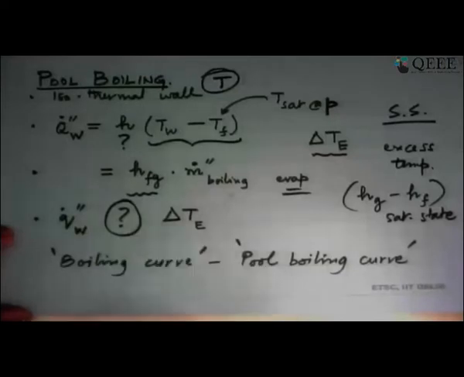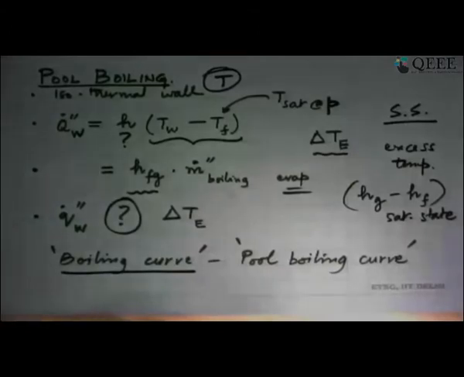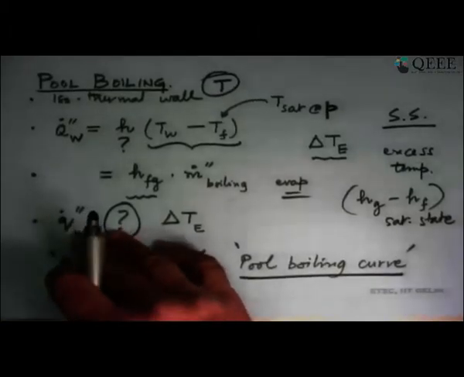This behavior between these two in pool boiling is summarized in what is called a boiling curve, or more generally, a pool boiling curve. So we'll see what the pool boiling curve looks like, and then we'll see different regions of it.